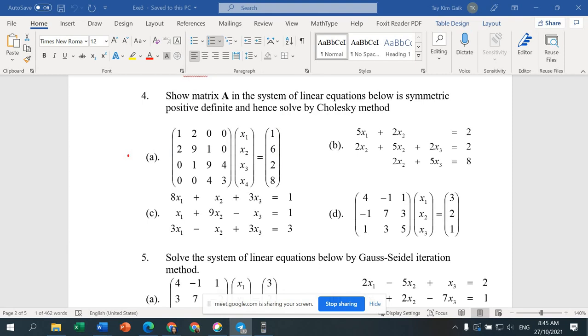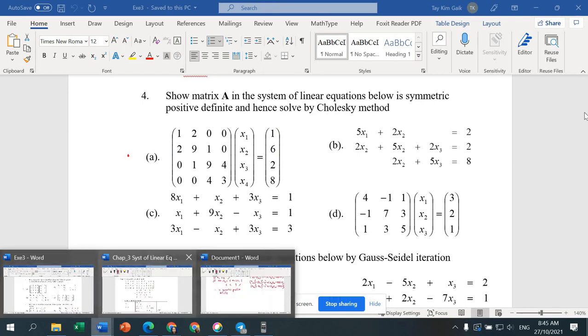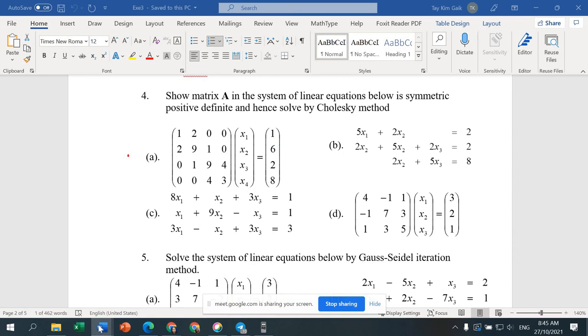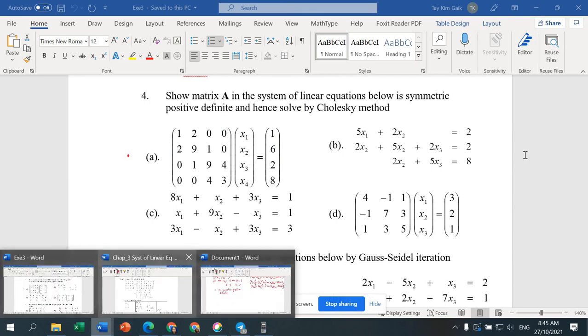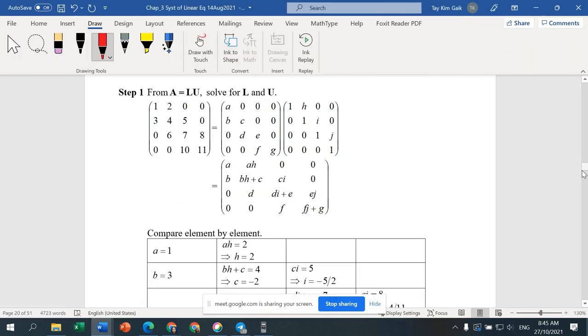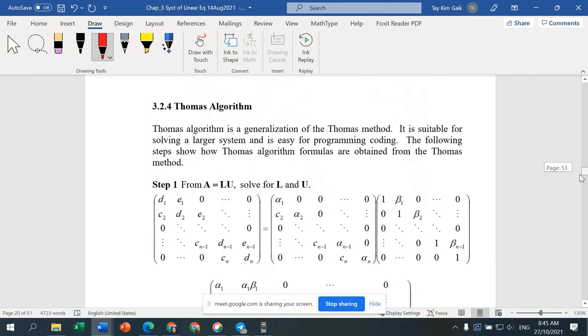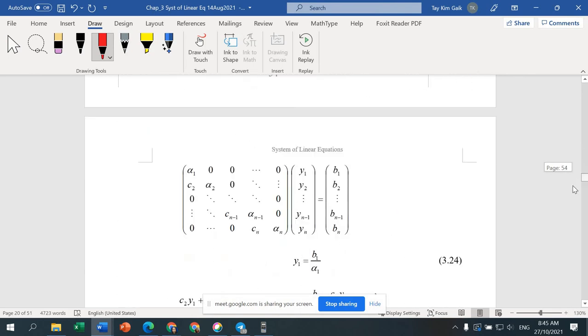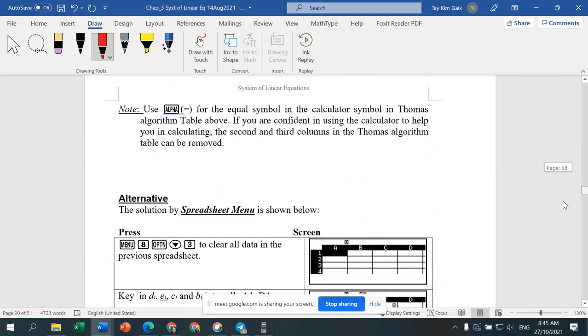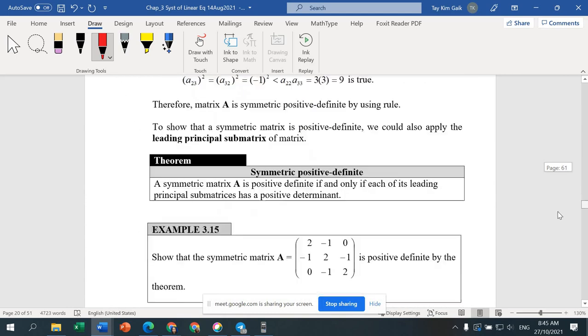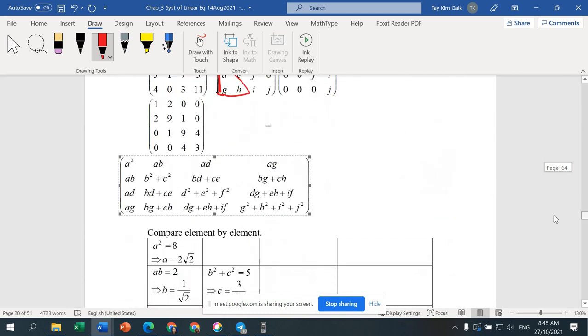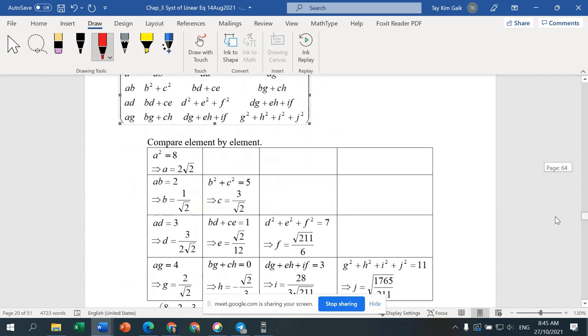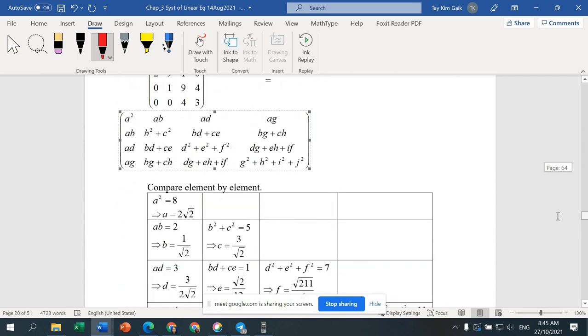You want to use Thomas. Let's check your L and the product LU, whether it is correct. Your matrix multiplication is wrong.